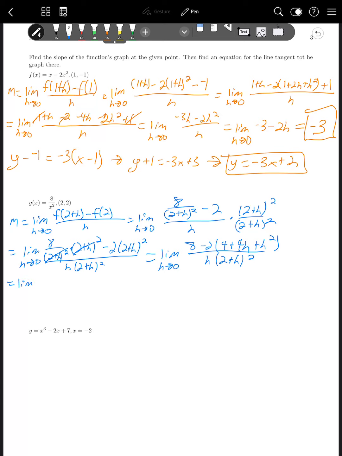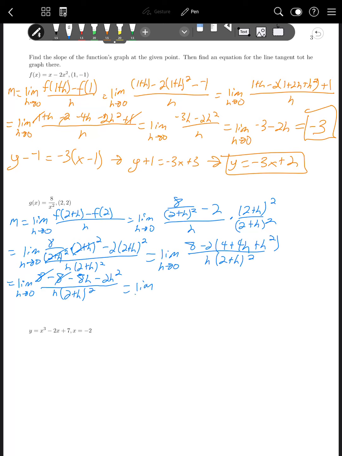Distribute, and you get 8 minus 8 minus 8h minus 2h squared all over h times 2 plus h squared. 8 minus 8 is 0.